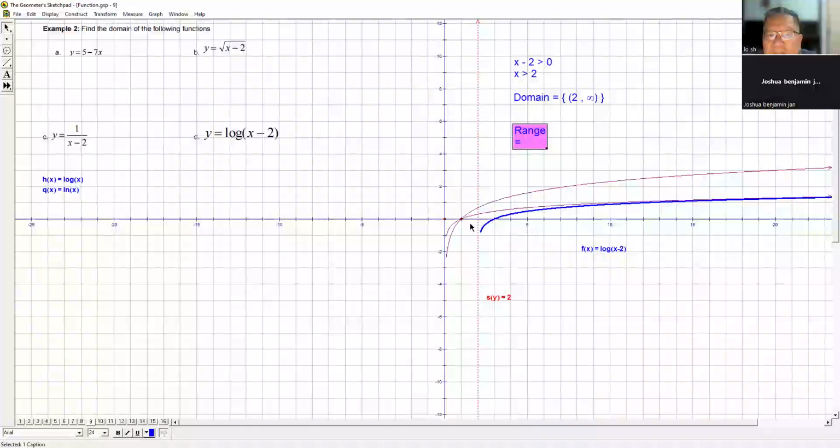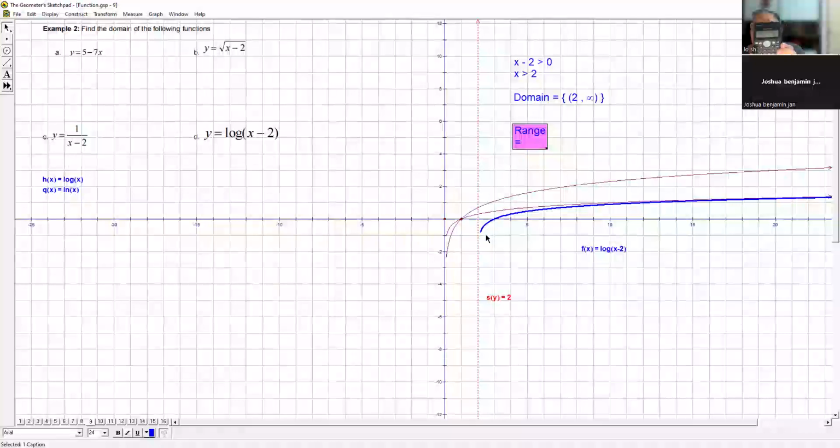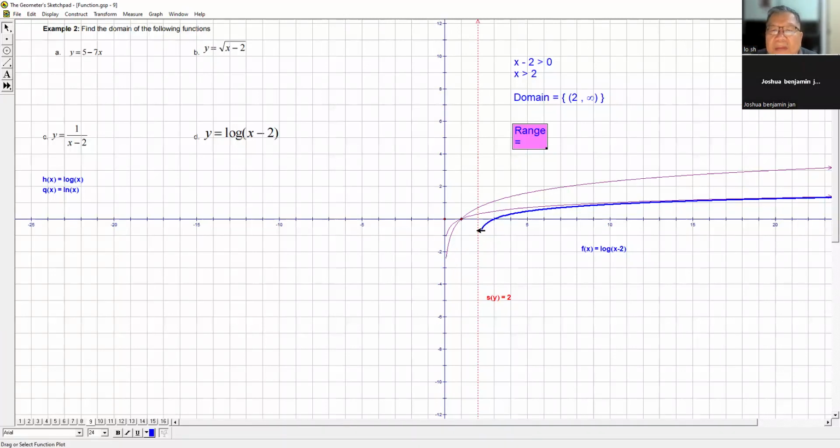So it means that this line doesn't stop at -1. It can go as low as possible.